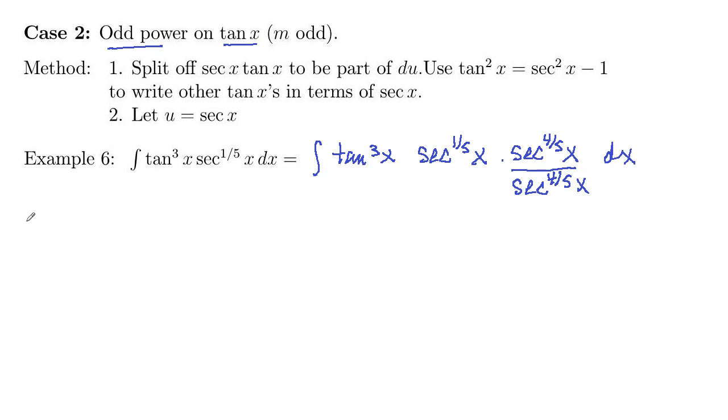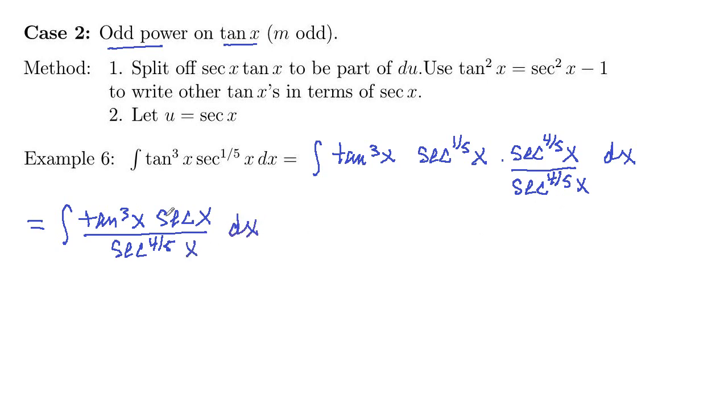So now this will be integral tan cubed x, and then 1/5 and 4/5 is 5/5 or 1, so secant x on the top. And then in the denominator, secant 4/5 x. And dx.